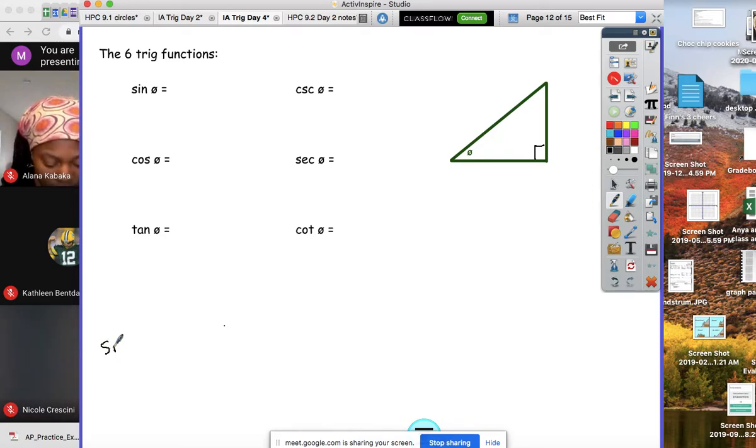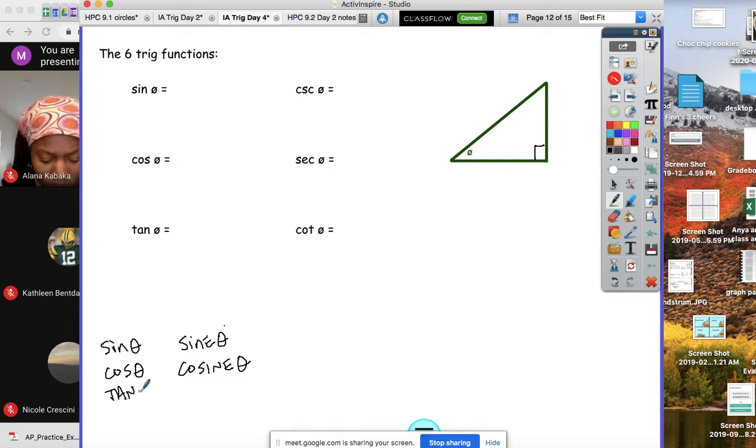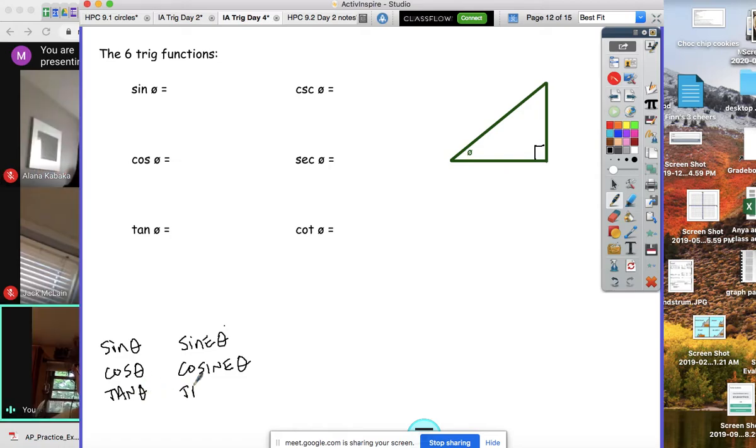Down here, I just want to write out the long version. So if you see this, it's not pronounced sin, it's sine, which is actually spelled with an E, but this SIN is just the abbreviation. When you see COS, that is an abbreviation for cosine. And then TAN, that's an abbreviation for tangent.